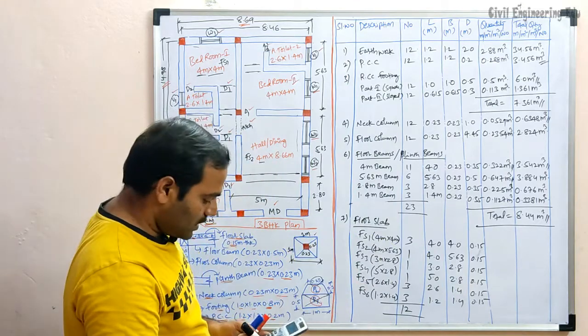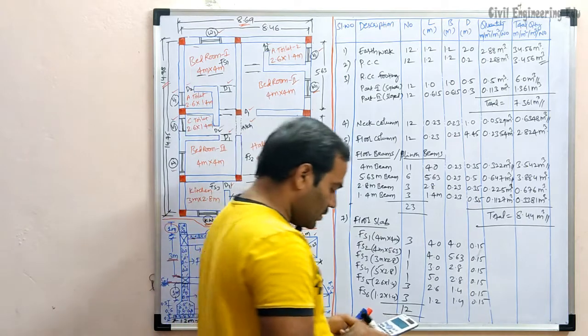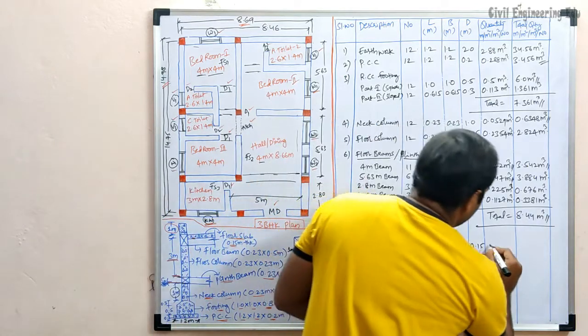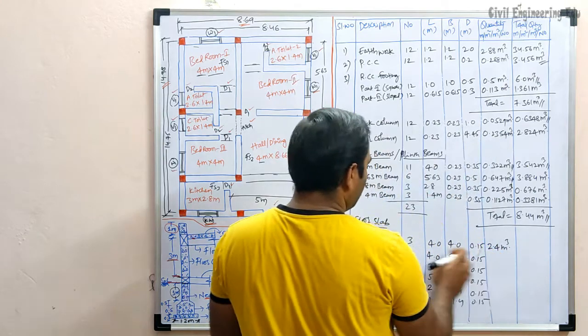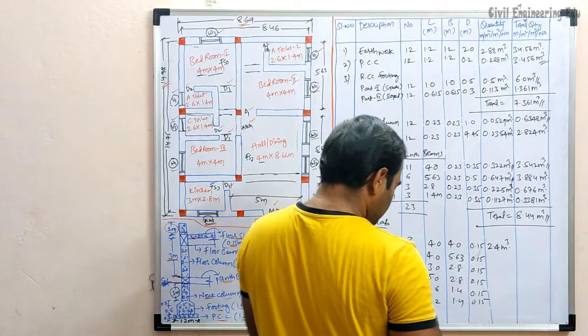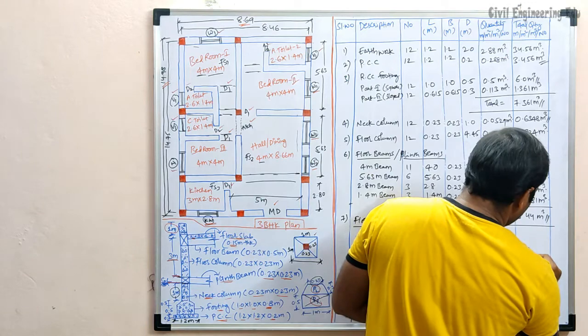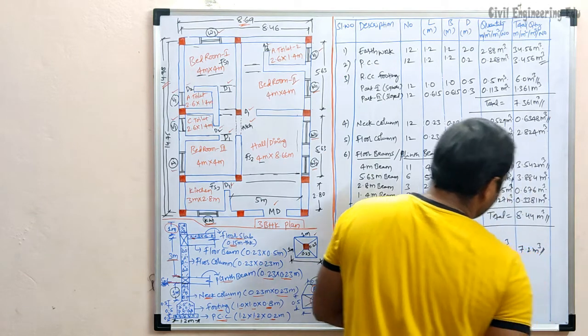Now let us see the quantities. 4 into 4 into 0.15 gives 2.4 meter cube, into 3 panels, 7.2 meter cube.